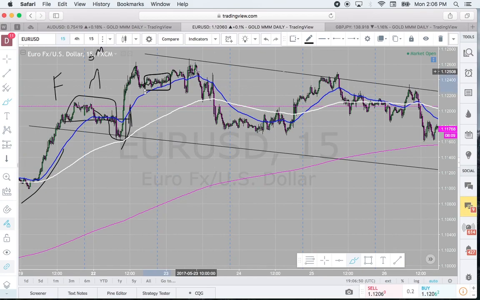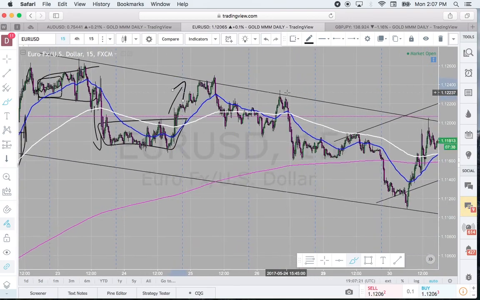We can see consolidation once more in this range, and then that shift in the trend. Consolidation once more into Tuesday, then a shift in the trend once again.